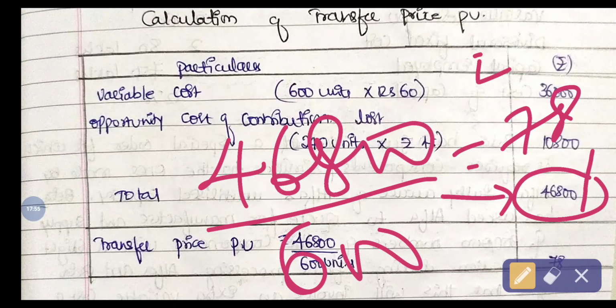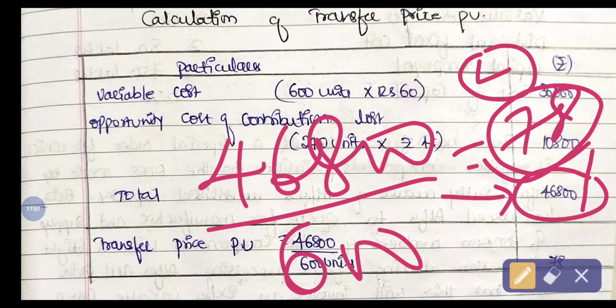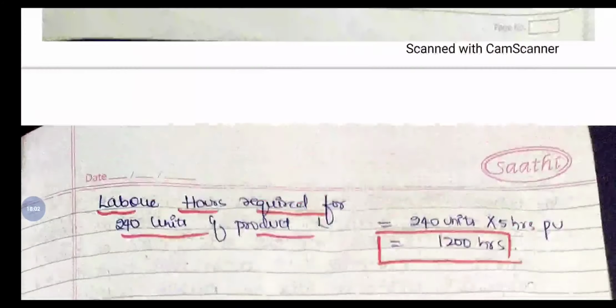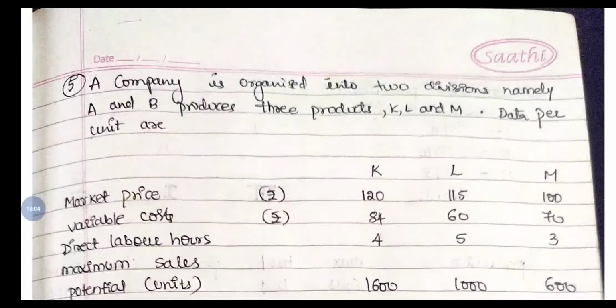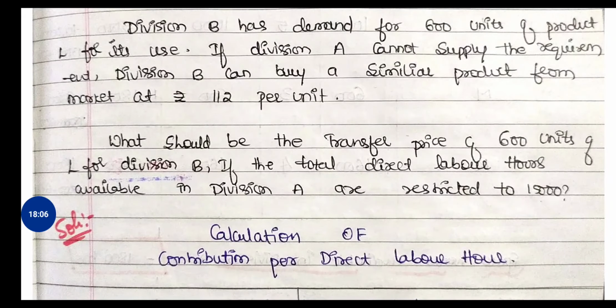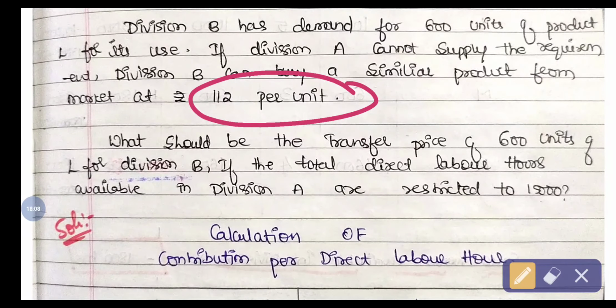So for L, the per unit cost will be 78 rupees. If we see the market price from outsiders, division B can get it at 112. When we compare 78 rupees and 112, it is better to take from division A.